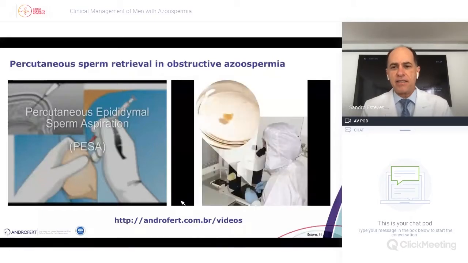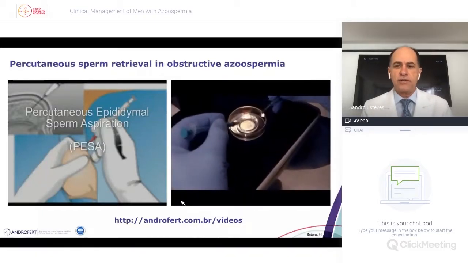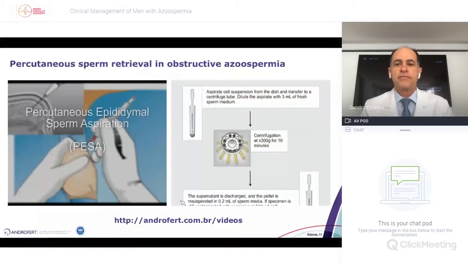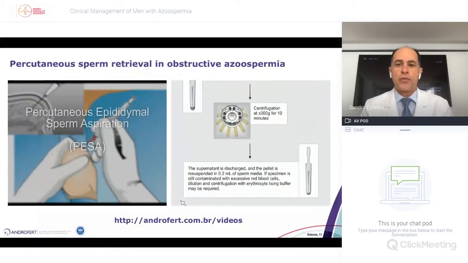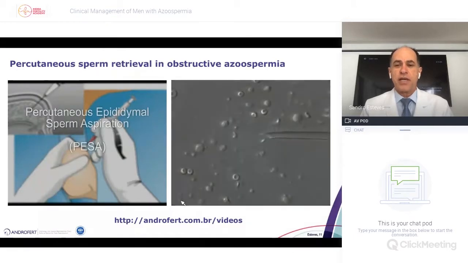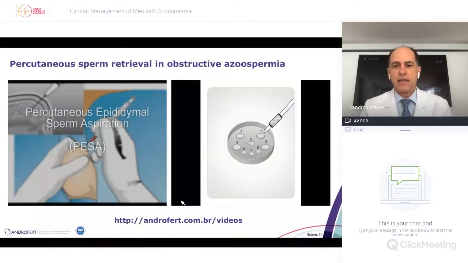And I can easily take a nice piece of tissue, as you can see, that is going to be processed in the IVF lab and then used for ICSI, immediate ICSI, or we can do cryopreservation of sperm, because usually these patients have plenty of sperm to use for ICSI and also for cryopreservation.